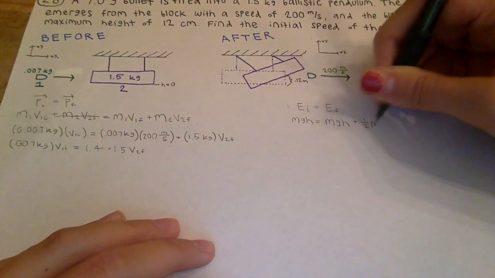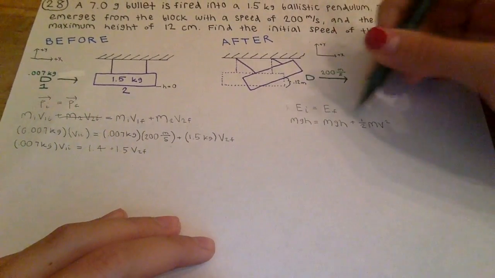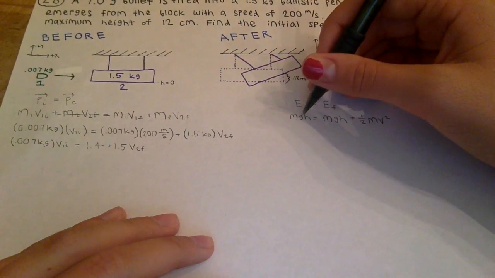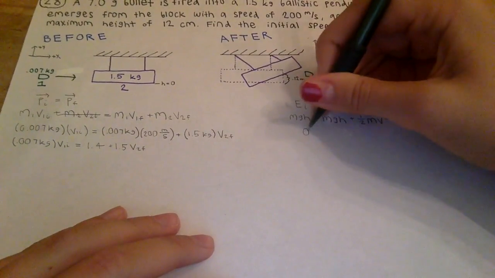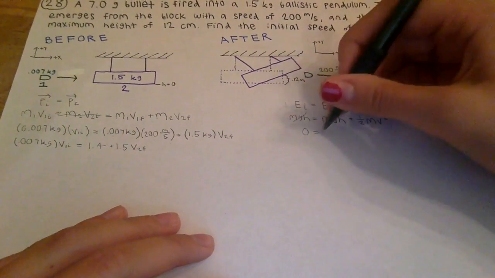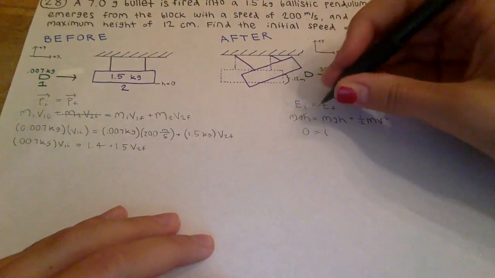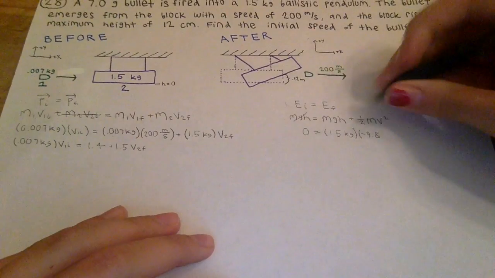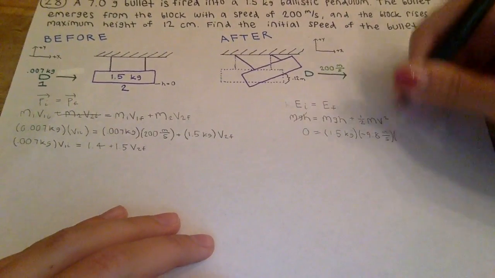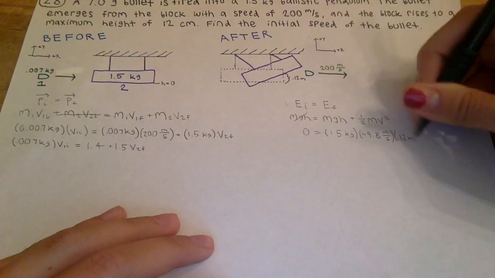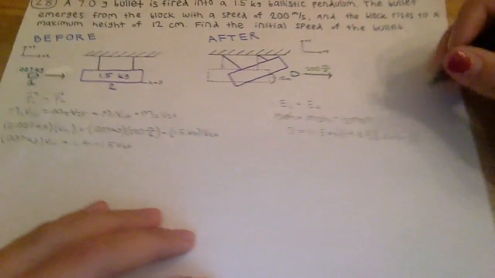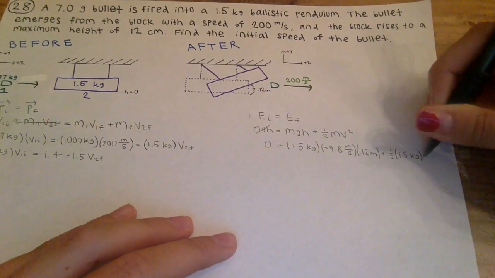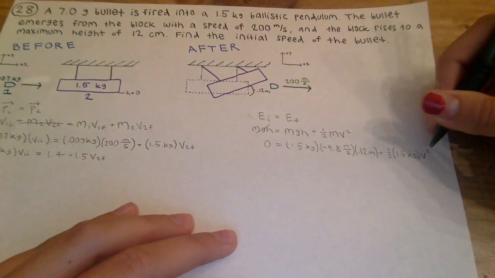This is the formula for gravitational potential, and this is the formula for kinetic, as you remember. But then we realize that this is at a height of 0, so that just turns into 0. And here we just plug in the numbers: 1.5 kilograms, negative 9.8 meters per second squared, at a height of 0.12 meters, plus 1/2 times 1.5 kilograms, and the velocity is what we are trying to find.